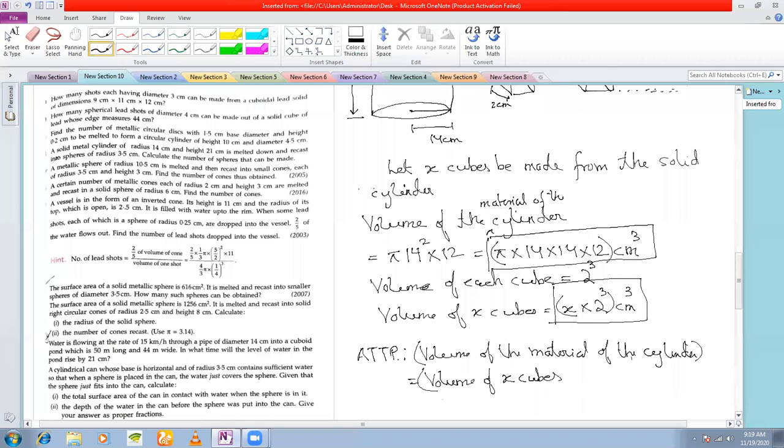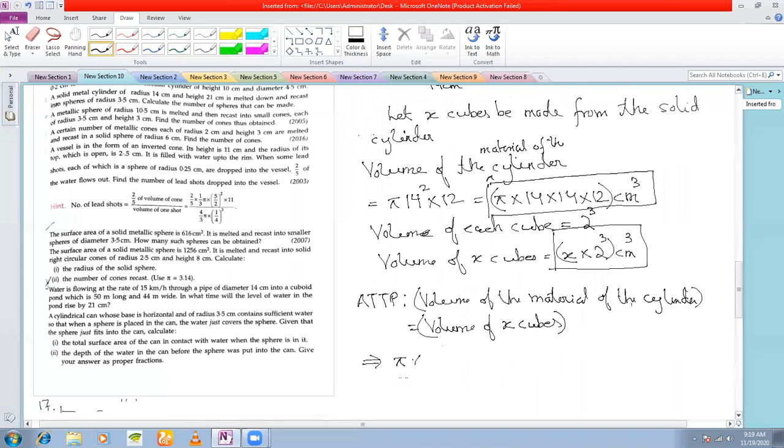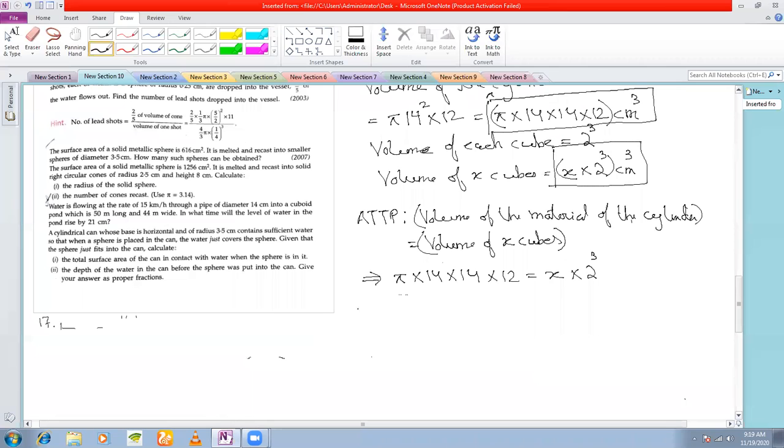Now put the values. What is the volume of the cylinder here? Pi into 14 into 14 into 12. And the volume of x cubes is x into 2 cube. Now you can put the value of pi and calculate the value of x from this equation.